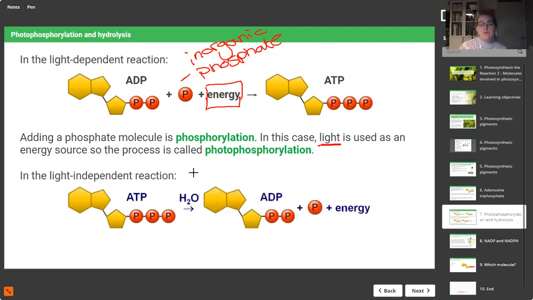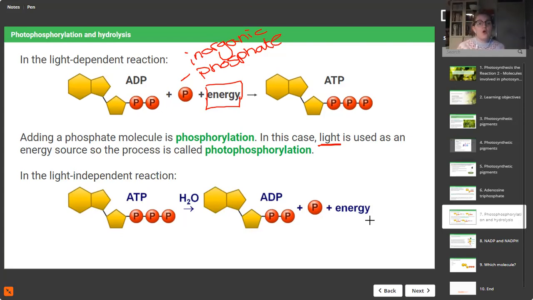The opposite is when we break ATP down to form ADP, an inorganic phosphate, and energy, because that breaking of the bonds releases energy, which makes sense. If we require energy to build those bonds, when we break those bonds, we're going to release energy.